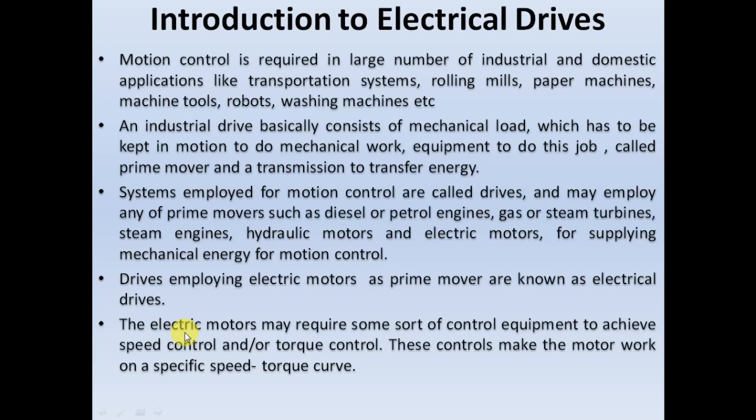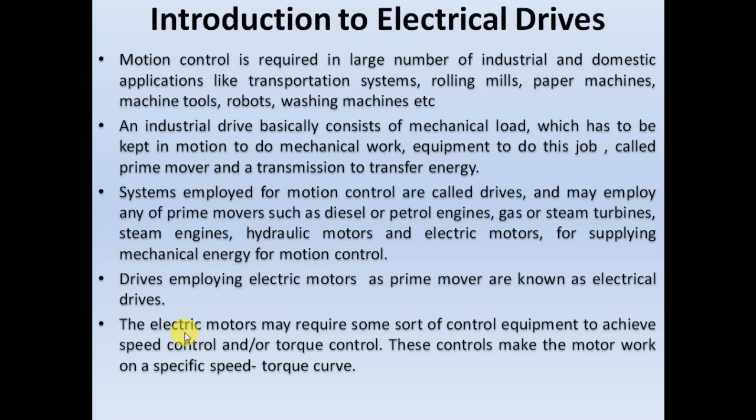Consider the case of a DC motor drive. In specific, consider a DC series motor drive. In the case of a DC series motor, the speed control can be achieved by using either the field diverter method or the tapped field control method. You are aware of those techniques from your previous machines course.